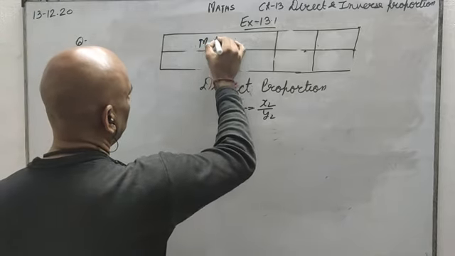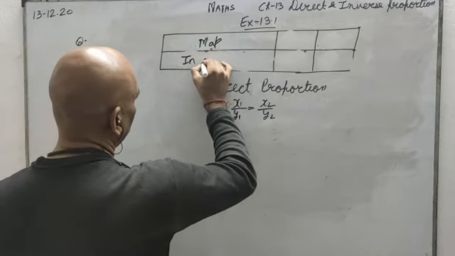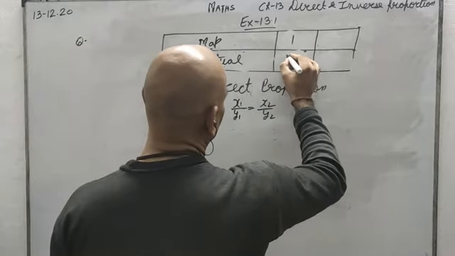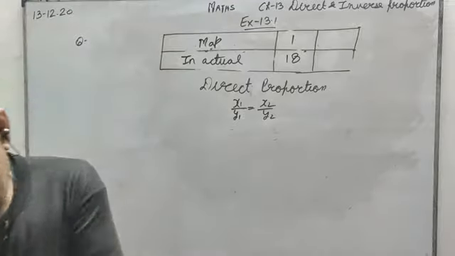On map it is 1 centimeter is equal to 18 kilometer.